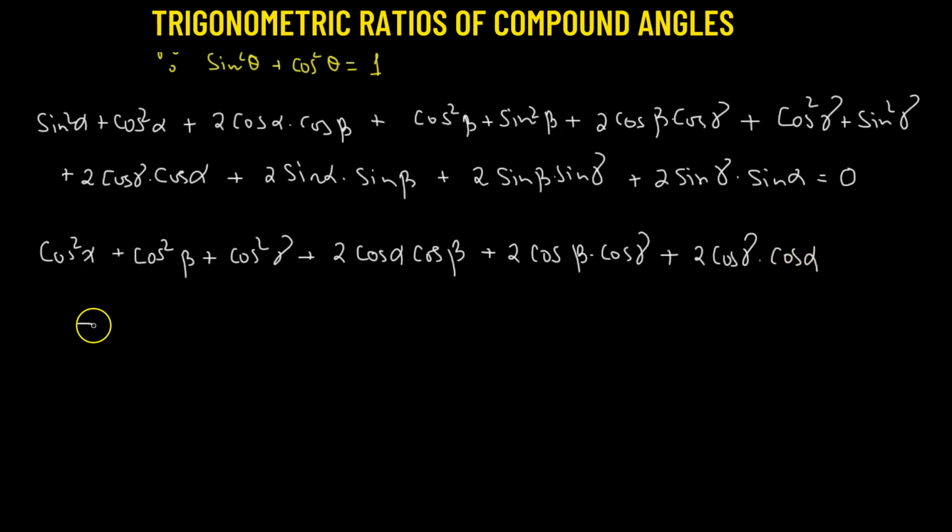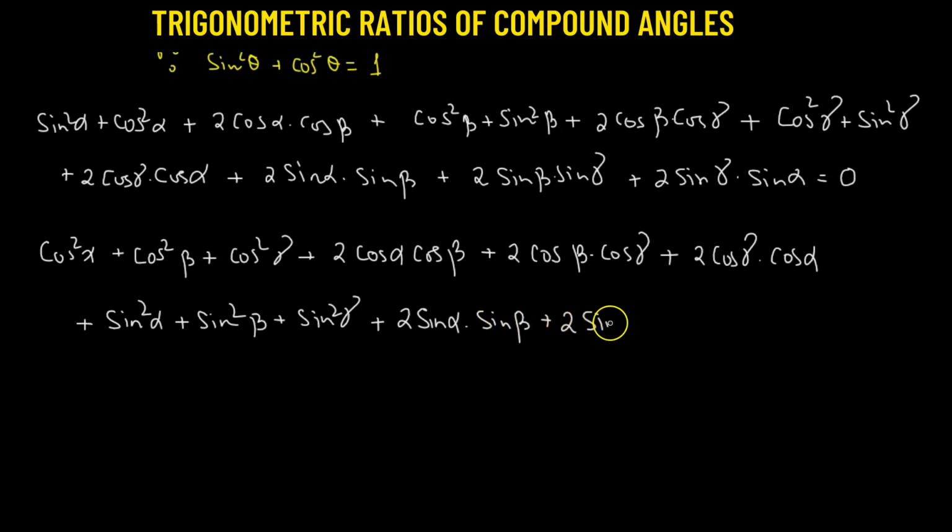And then the remaining terms we combine as sine squared alpha plus sine squared beta plus sine squared gamma plus 2 times sine alpha times sine beta plus 2 times sine beta times sine gamma plus 2 times sine gamma times sine alpha. So that's equal to 0.